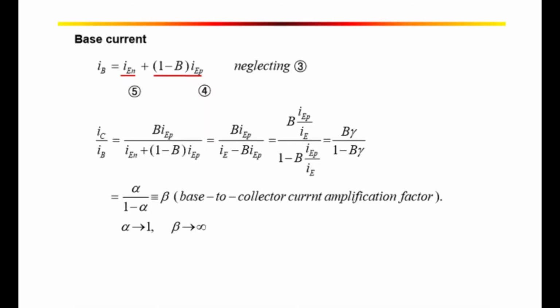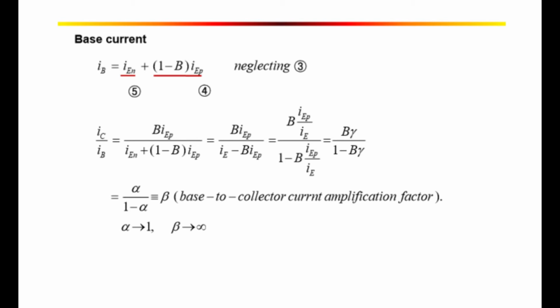So if we write the base current, we should consider the emitter electron current, and second, the fraction recombining in the base multiplied by the hole component of the emitter current. So this makes our total base current.